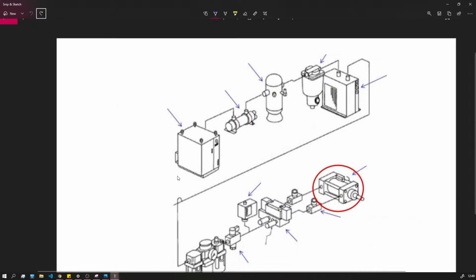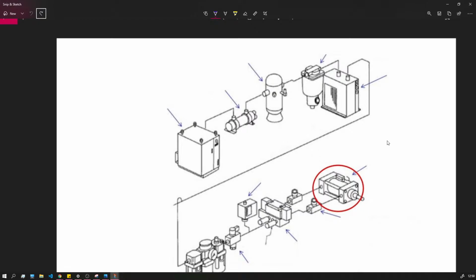The pneumatic energy is produced with a compressor, and we are going to condition the energy to be suitable for the machines that are going to consume that energy. And in the end of the cycle or the end of the system, there's always an actuator or some form of device that consumes the pneumatic energy.